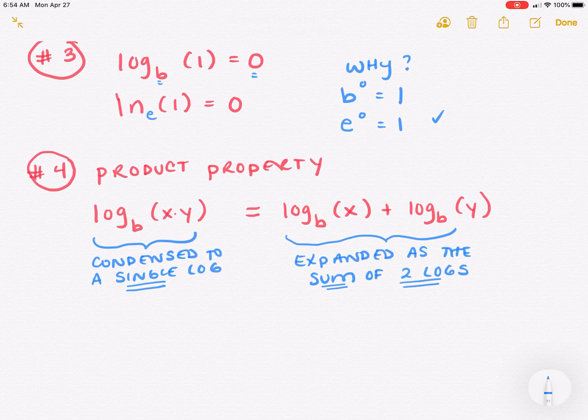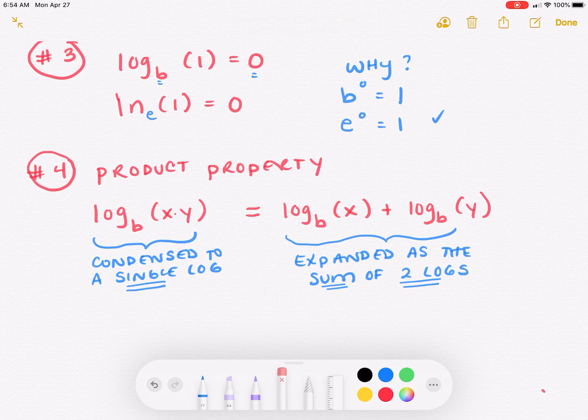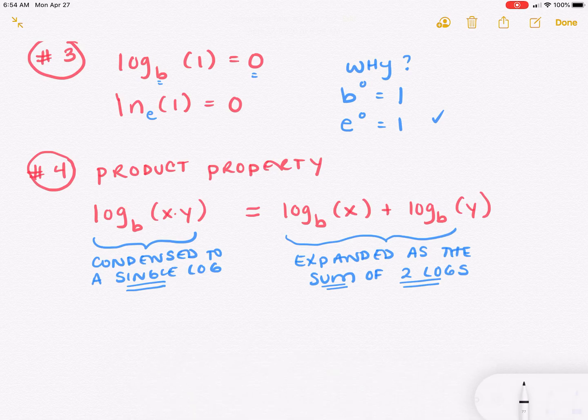I usually would bring this up in class if we were there, but just as a separate note, I try to relate this back to the exponent properties. We've talked about properties where we might have the product of two bases, where we take x to the a times x to the b. So here we have the product of two bases.